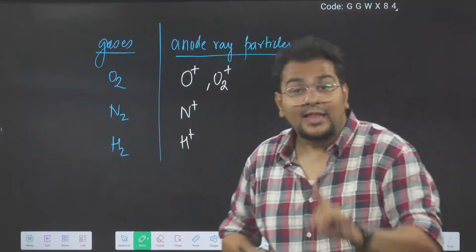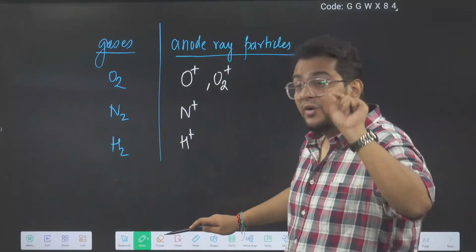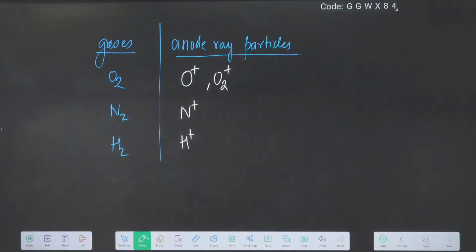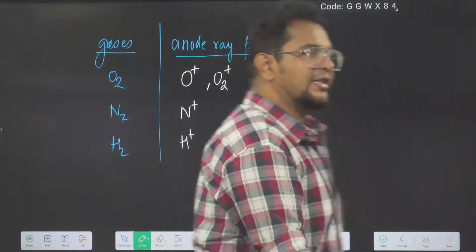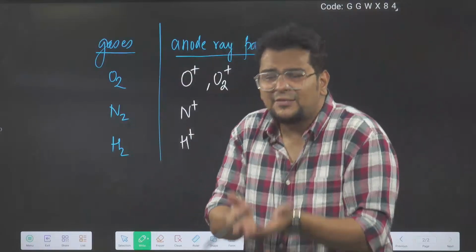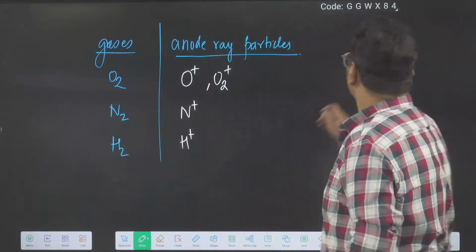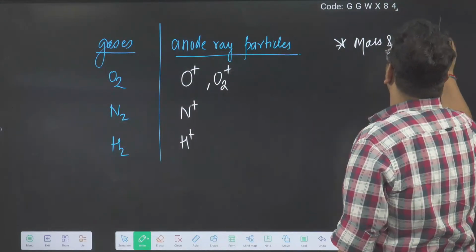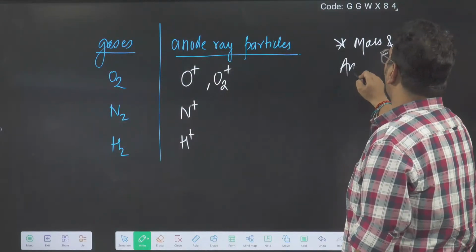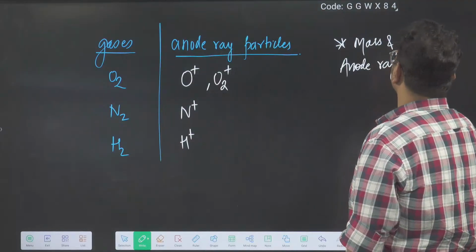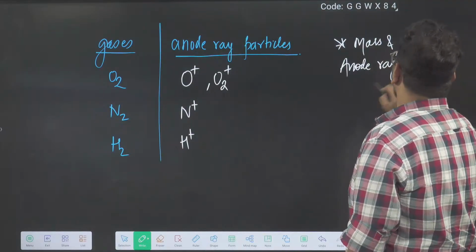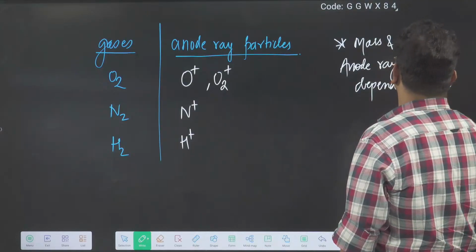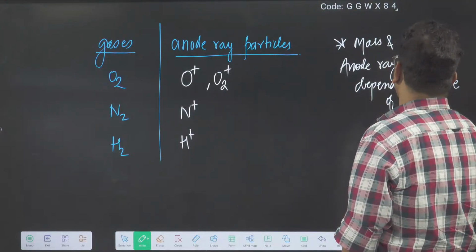Do you agree that different gases will have different anode ray particles? Anode ray particles are gaseous cations, so different gas, different cations. So the mass and charge to mass ratio of anode ray particle depends on the nature of the gas.